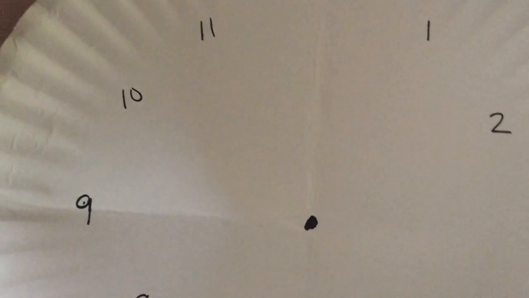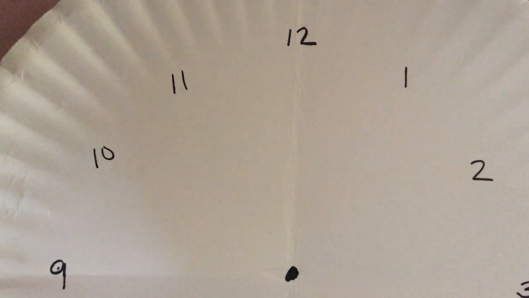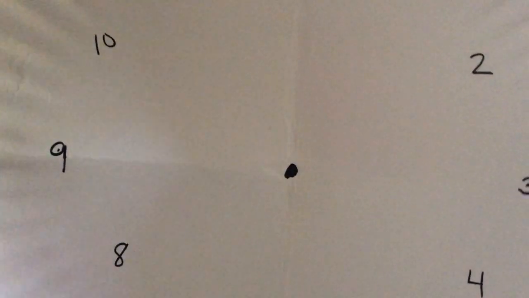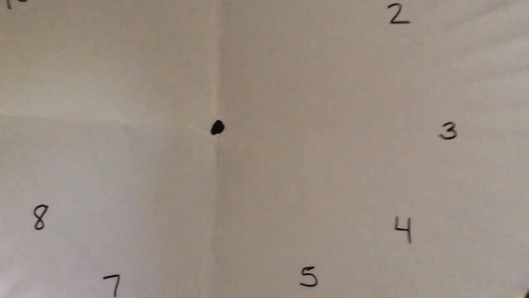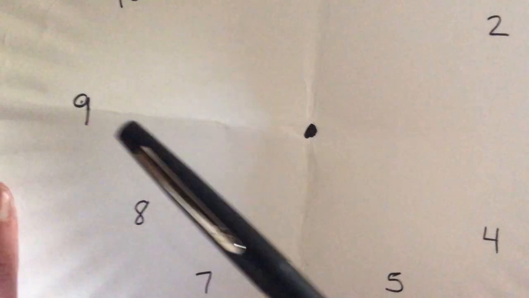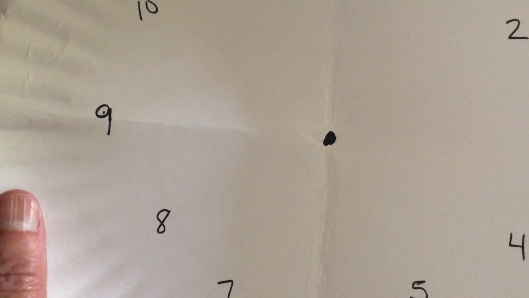So sometimes when you draw a clock, it's easiest if you start with the 12, then the 6 is right opposite of it, and then when you fold it again in the quarter, then the 3 is over here to the right, and the 9 is opposite to the left.